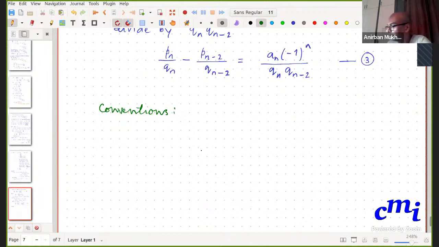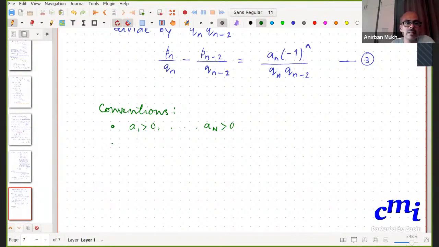All these a_n are going to be assumed to be positive, non-zero positive. a_0, of course, can be zero.